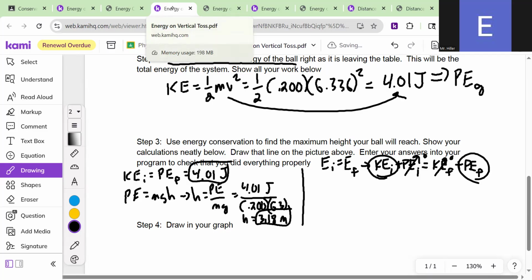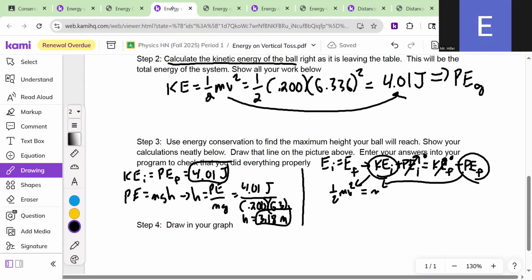Now I replace these energies with their respective equations: 1/2 mv squared for this, and mgh for this, and I simply solve for h. To do that, I divide by mg, and h is equal to v squared divided by 2g.